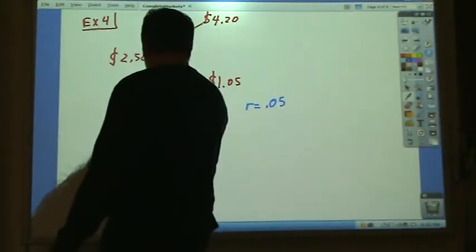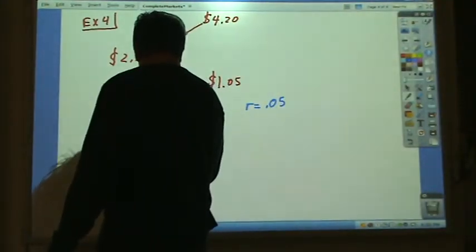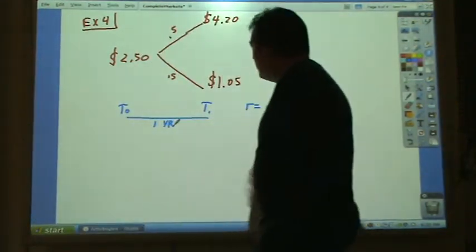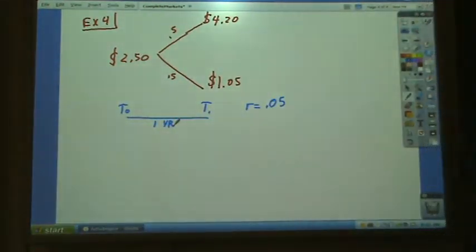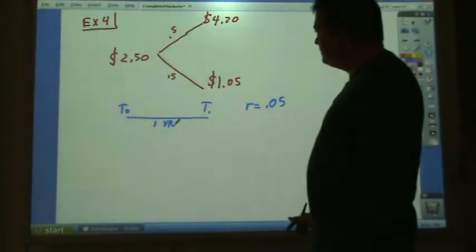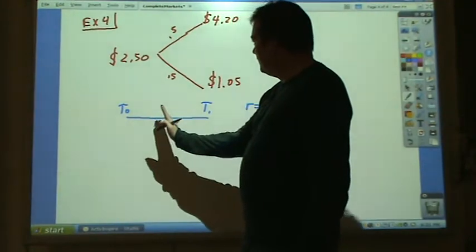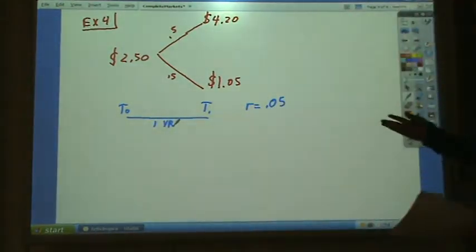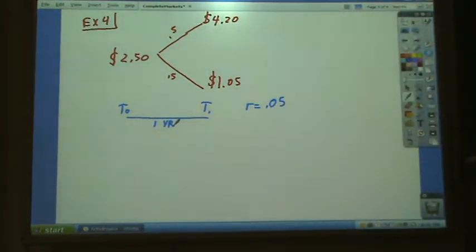So this is a 1 year period. So you're going to pay something today, and then 1 year from now, after 5% of interest, you could get a payout of $4.20 or $1.05.